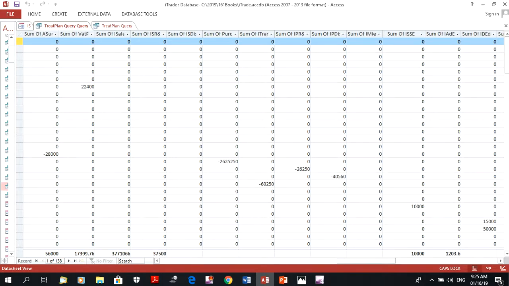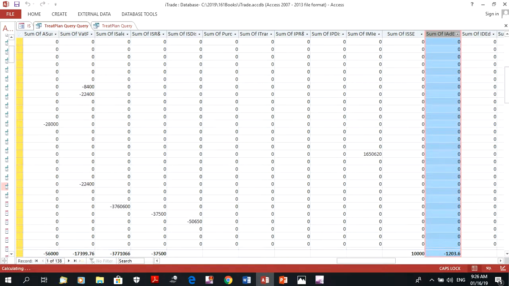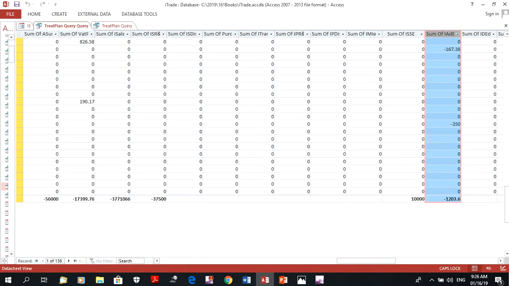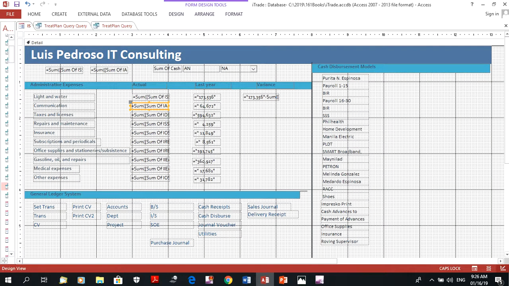There you go, IADE. And the figure you're looking for is 1203, which is really the sum of all the transactions that went into that particular account. So you command the sum total and it goes to this particular field.